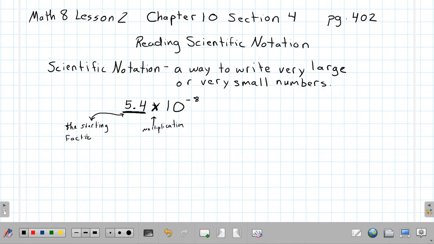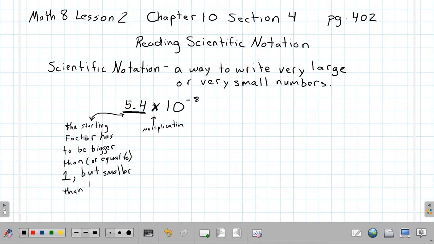But there's something special that has to be true about the starting factor, and that is the starting factor has to be bigger than or equal to 1, but smaller than 10.